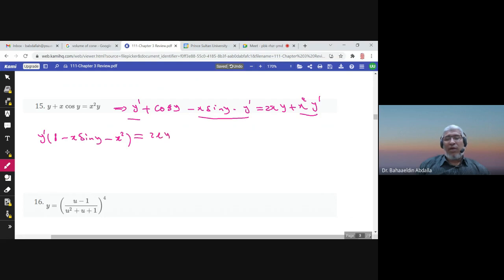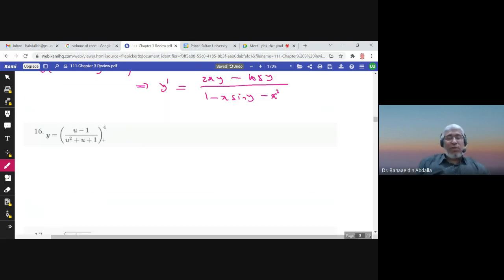And here I will have 2xy. Take this term to the other side, minus cosine y. And then y prime would be 2xy minus cosine y over the coefficient of y prime.